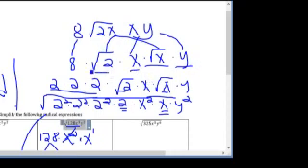These have both letters, these have square roots. Both are square roots. So square root of 2 times square root of x is square root of 2x. X times y is xy. And that's your answer.